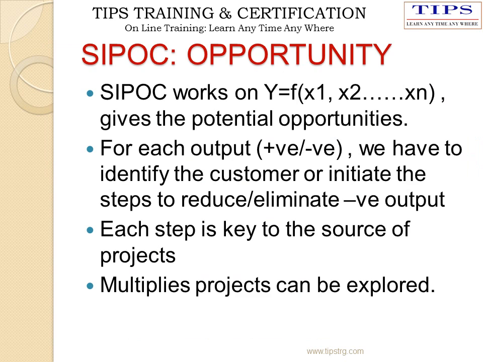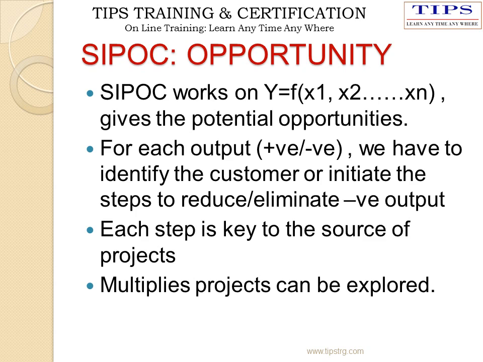Now, what is the opportunity of drawing this SIPOC? SIPOC works on the y is equal to f of x function. x1, x2 are the sub inputs, the critical inputs which are leading to the output. This might be positive or negative, which gives the potential opportunities for improvement.